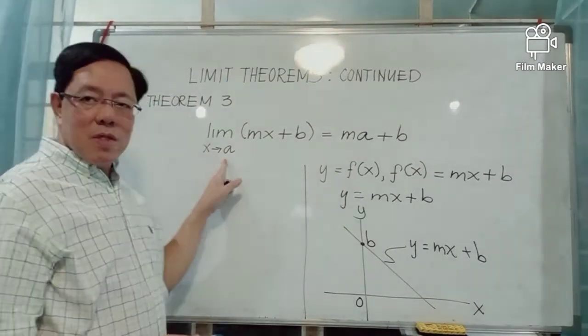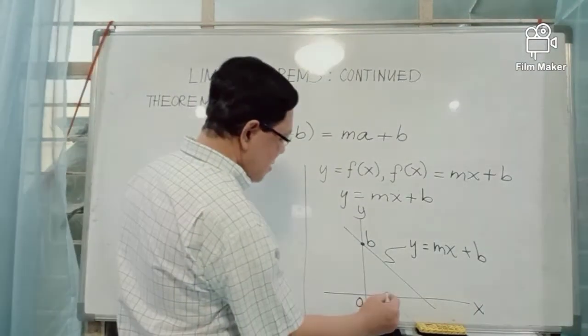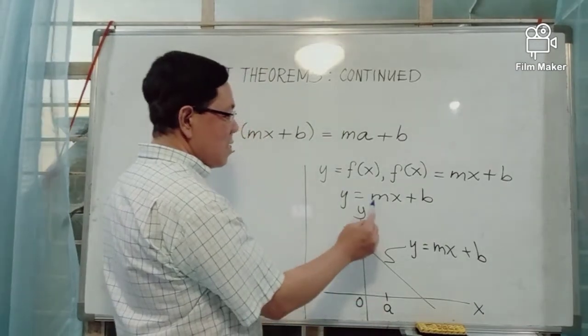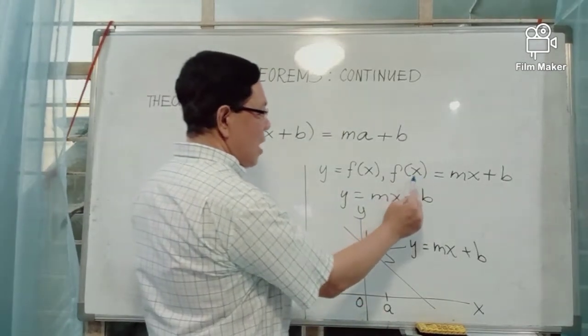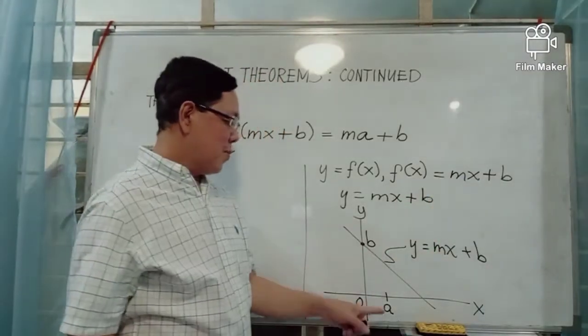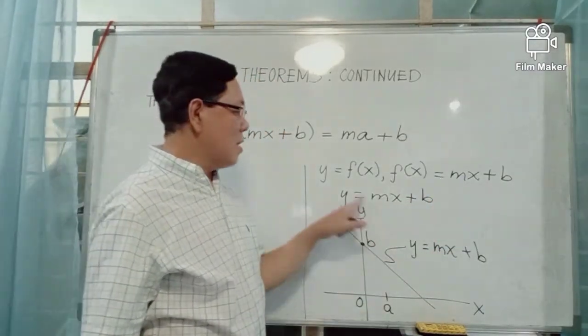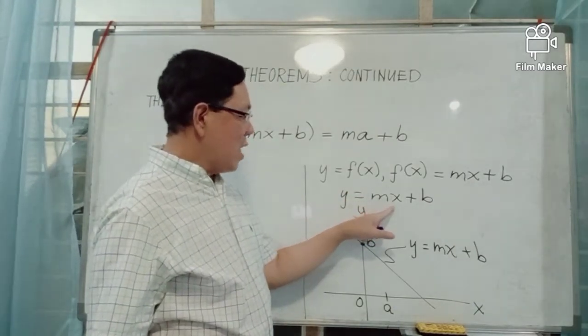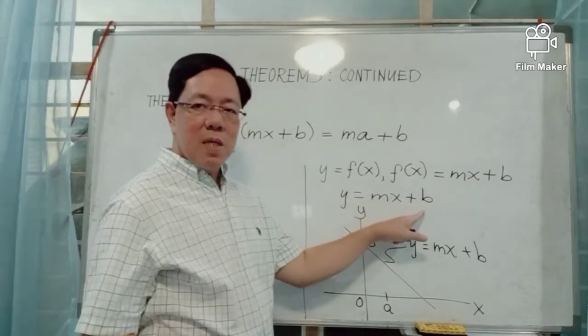If x approaches a, say this is the number a. If you evaluate this function f of x equals mx plus b, or if you substitute x equals a into this linear equation, we get ma plus b.